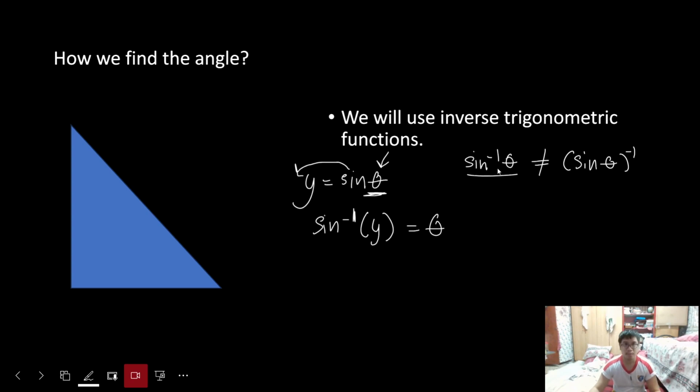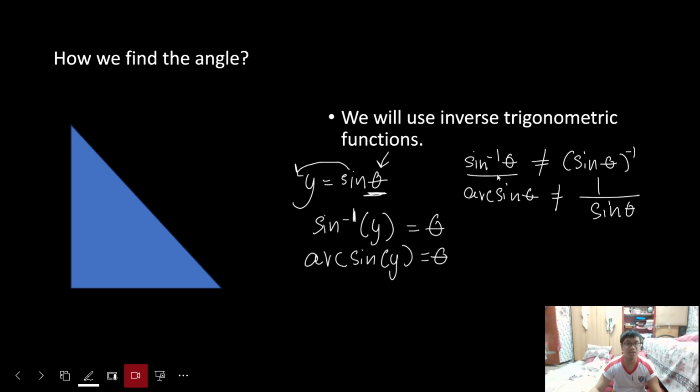Commonly, we describe it as arc sine. We can represent this as arc sine of y. This other one is just the reciprocal of sine theta, so it's 1 all over sine theta. So these are different. They're not the same.